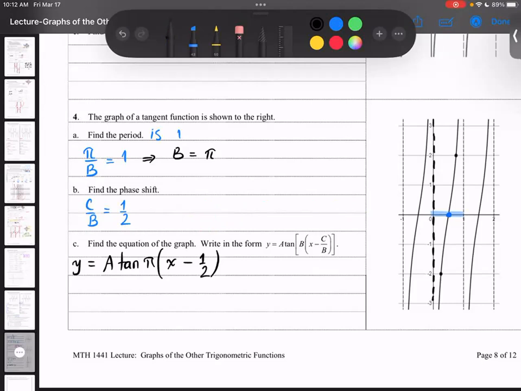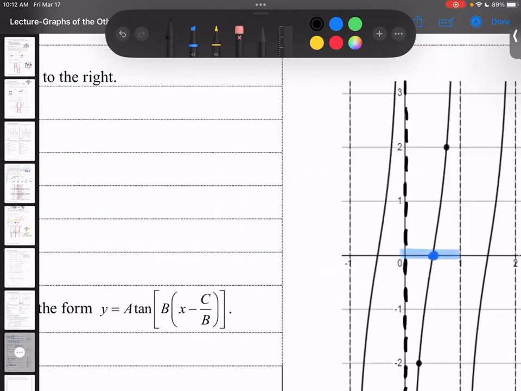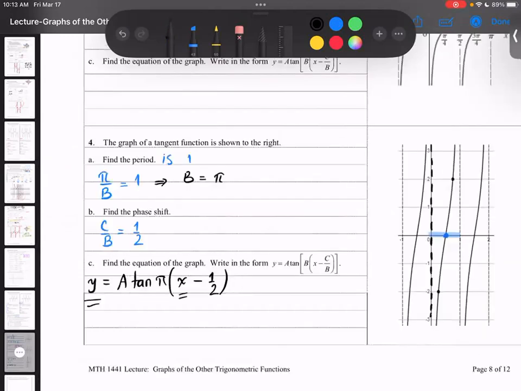How do I find A? Well, they give you a little dot there. That means you have to find the coordinate of that point, and then plug it in for y and for x. The only variable here to solve is A. Okay, so let's do that. I know y is 2, but what is x?